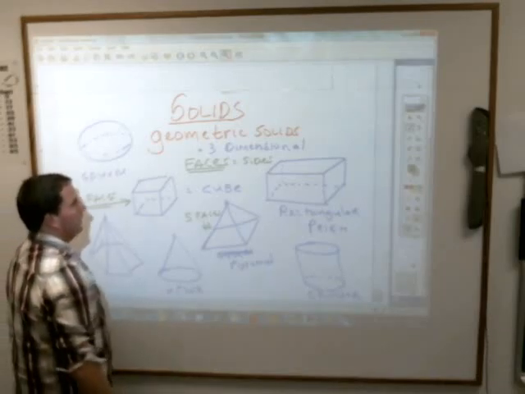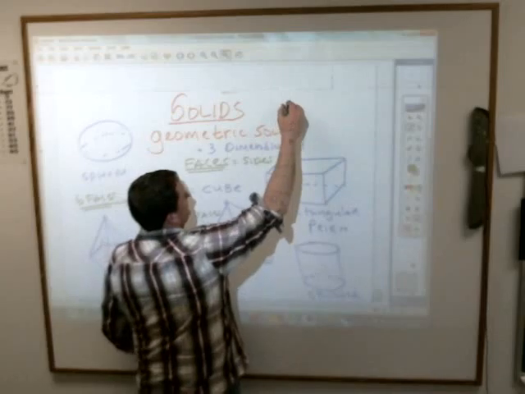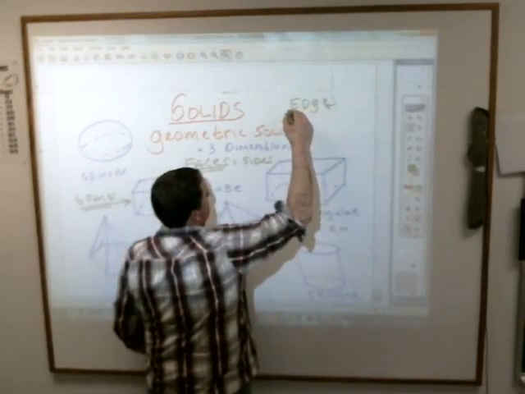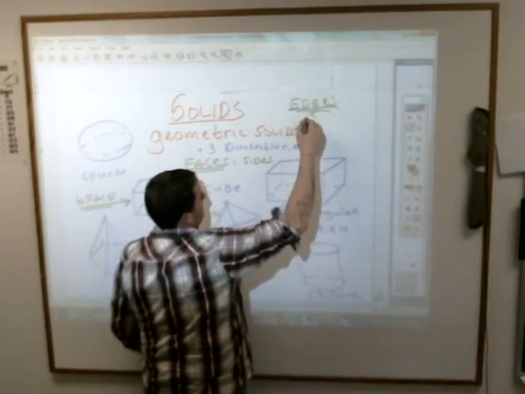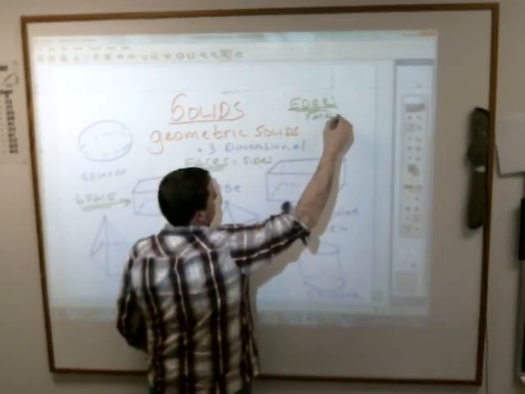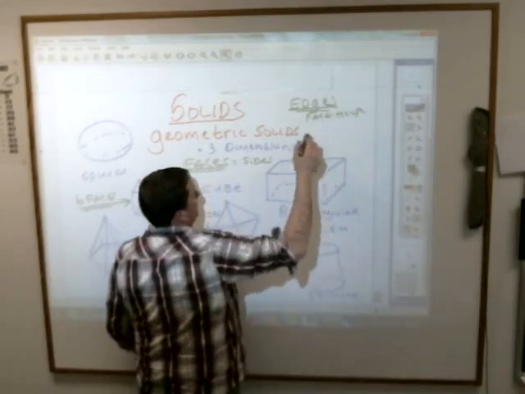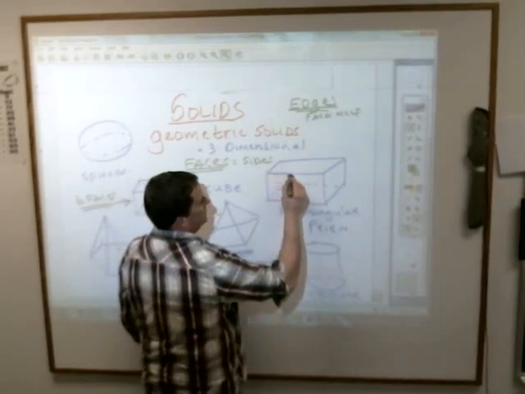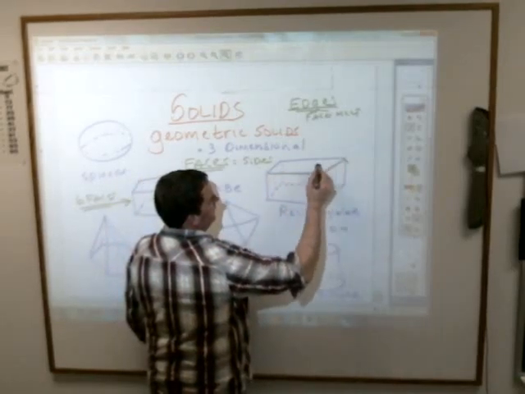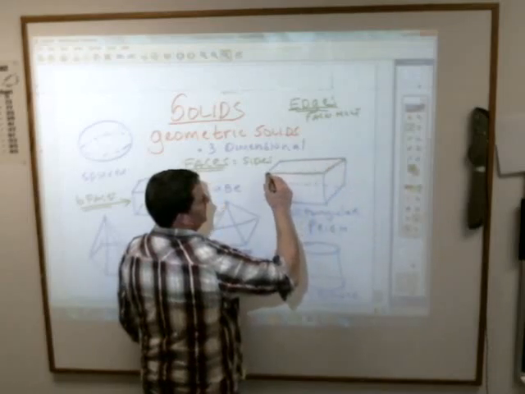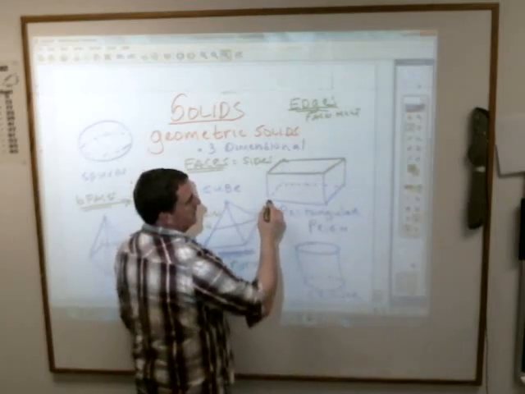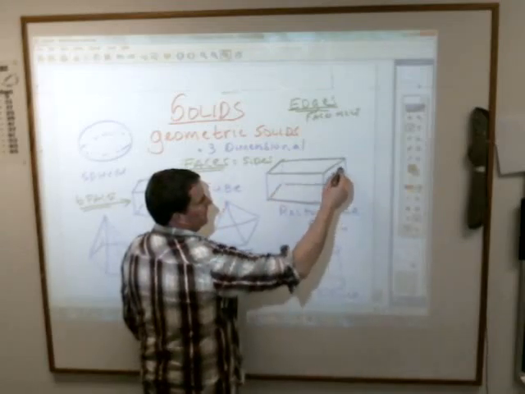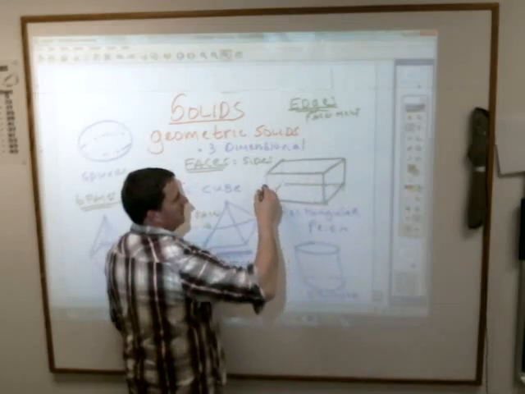And then we have the edges. Those are the places where faces meet. Which would be like right here. This is an edge. Every line that we drew to make this shape is an edge. There are 4 edges on the bottom, and there are 4 edges that go straight up.